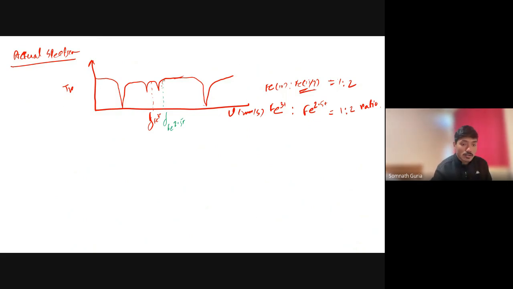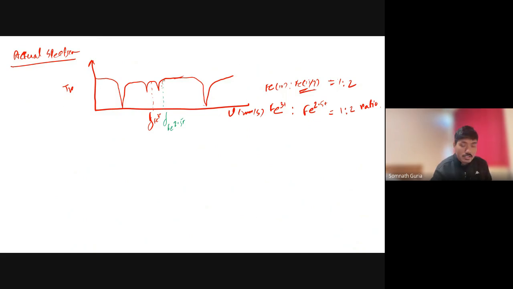One iron 2 with one electron taken by the ferredoxin generates a mixed valence iron 2.5 system, and that is present over here. Two irons become iron 2.5 positive charge, and one iron becomes iron 3 plus, and that is the ratio of 2:1.